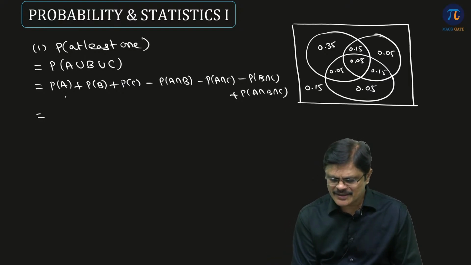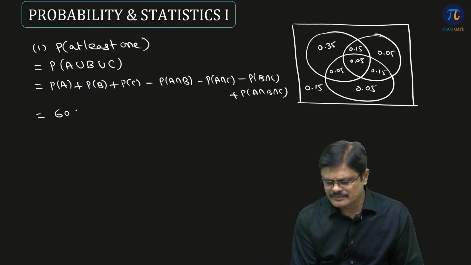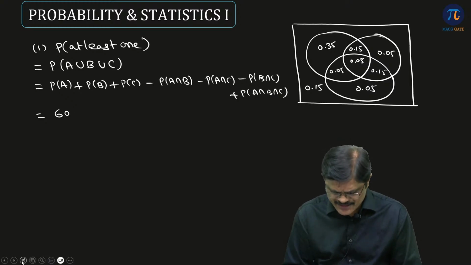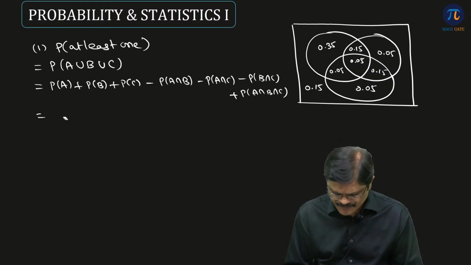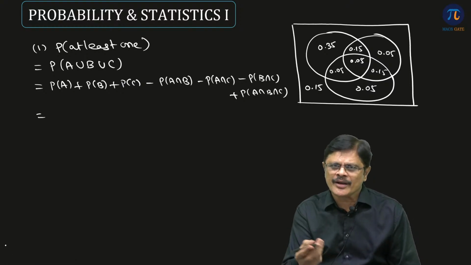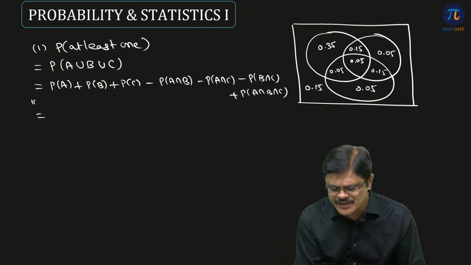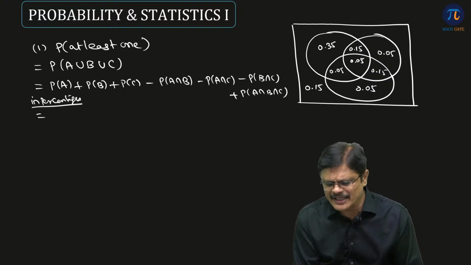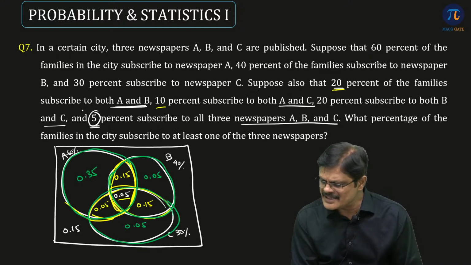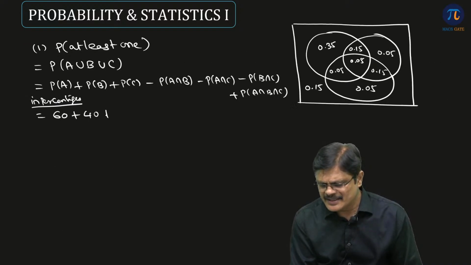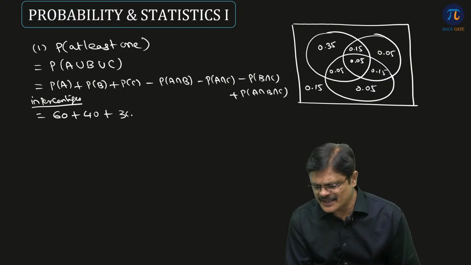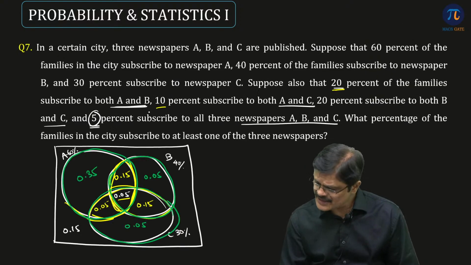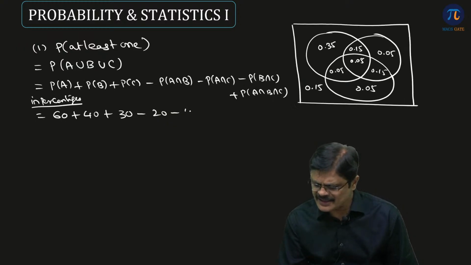Now A is what, sir? 60%. Percentage, or you can write 0.6. If you want, you can write directly in percentage. A is 60%, B is 40%, C is 30%, A and B is 20%, A and C is 10%, B and C is 20%.